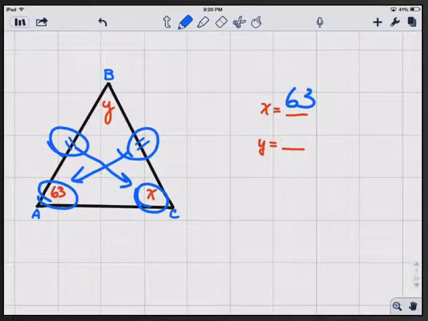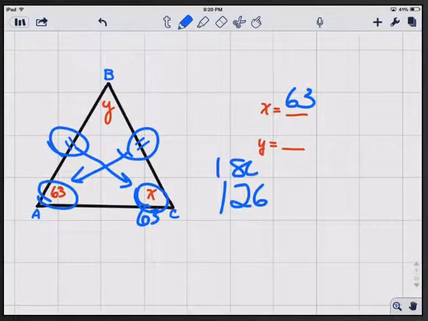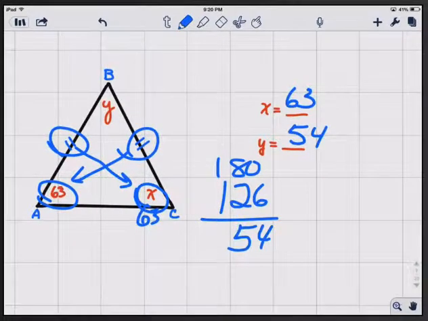And now that we know two angles from a triangle, we can find the third angle by saying the first two angles, 63 and 63, add to equal 126. So we subtract that from 180, and we get the missing angle is equal to 54. So that's angle Y.